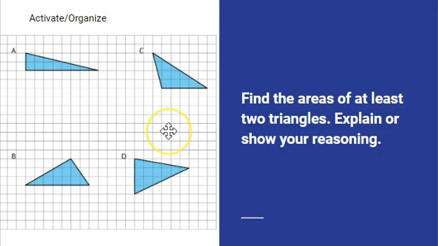Taking a look at these, could we apply the same sort of thing to figure out the area of these? Yeah, we should be able to manipulate to make another triangle to find the area of each of these, actually. So we're going to take a look at those. I'm going to give you some time to try and figure out areas of them.